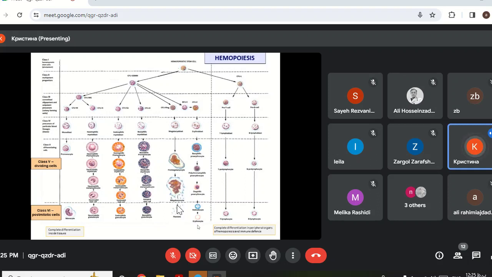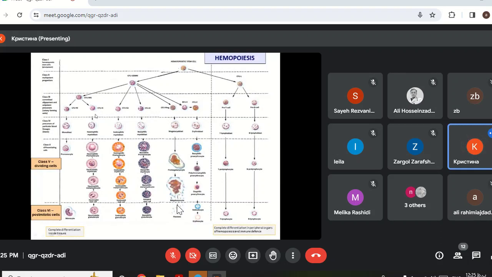For example, for neutrophils, it will be hematopoietic stem cell, colony-forming unit of granulocytes, erythrocytes, monocytes, and megakaryocytes, then colony-forming unit of monocytes and granulocytes.